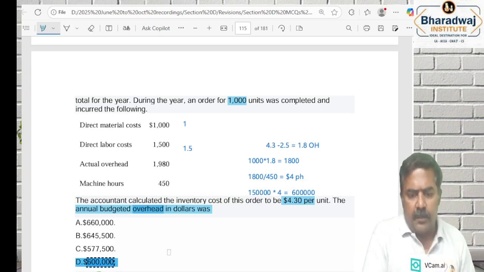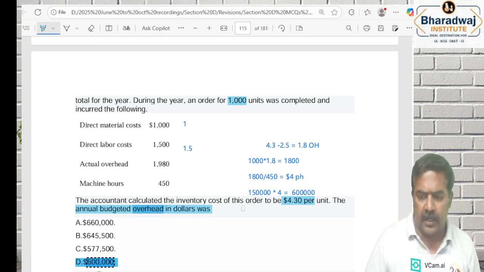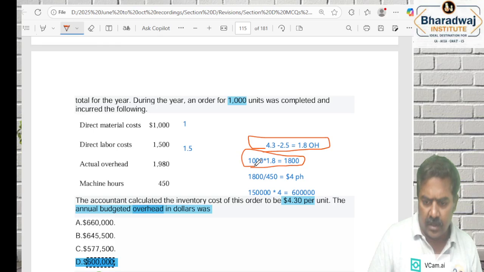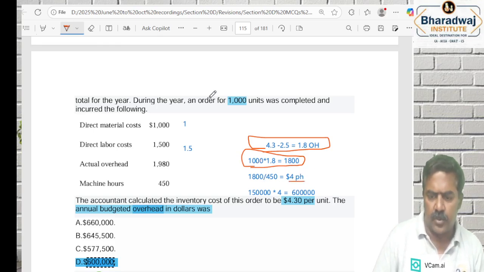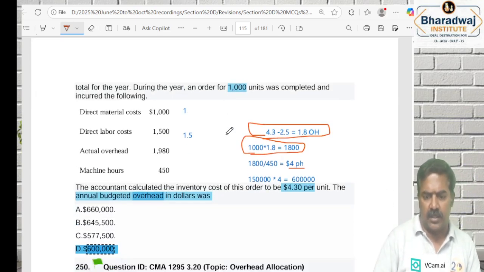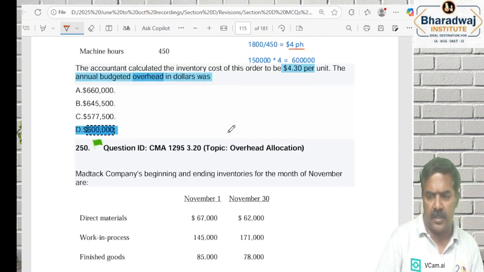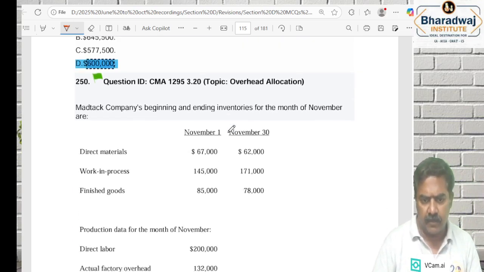Material $1, labor $1.5, so 4.3 minus 2.5 gives overheads of 1.8 per unit.